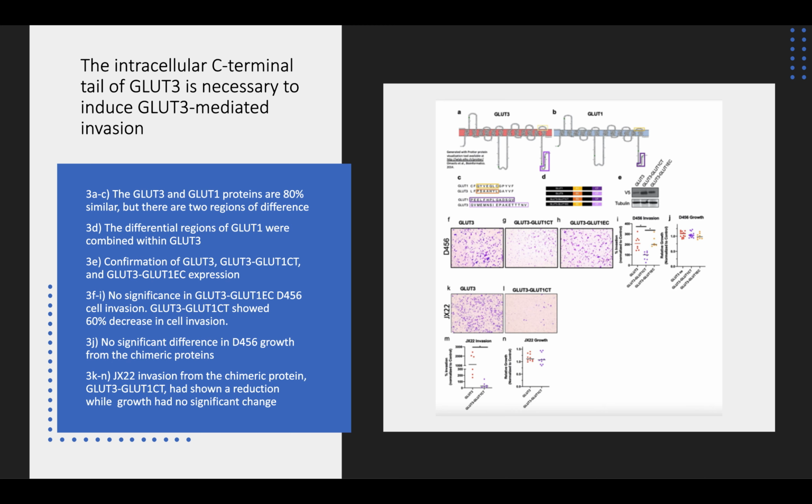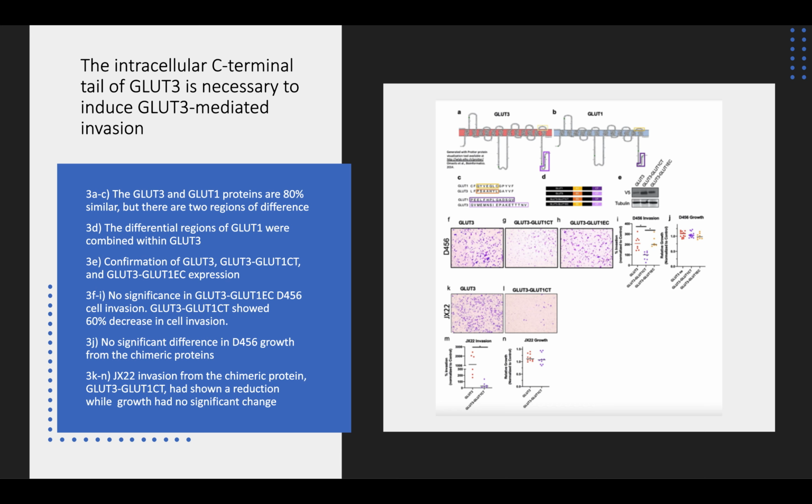In figure 3D, one may notice that there's GLUT1 and GLUT3, both in what is considered their normalized spot, and this is just a representation of the chain, showing what's being cut out and what's being put back in, or switched.